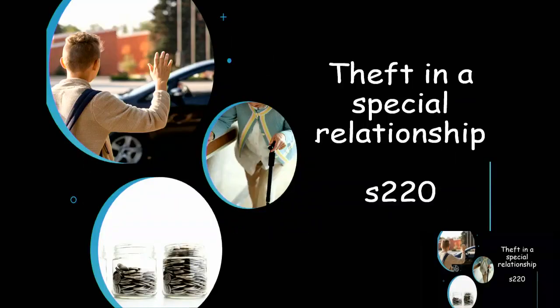Right, turning now to theft in a special relationship. Now, this is one that you will see plugs some of the gaps in relation to theft. Okay, so this deals with a situation where particularly you might have become an owner of property as a result of someone giving it to you for some purpose, and then you use it in a way that is different to the terms upon which it was given to you.